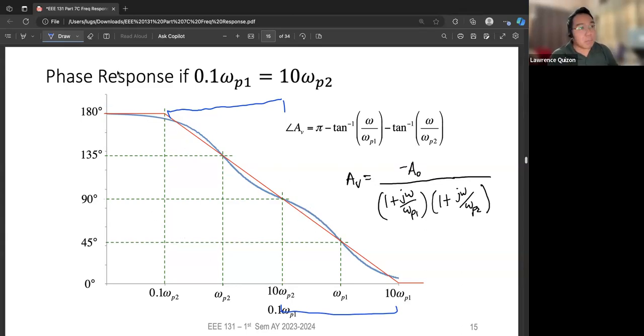Then your Bode plot of the phase response is going to be a flat 90 down here. Then it should strain out, right? But because of the influence of ωP1, you go down by another 90 degrees, for a total of minus 180 down here. Remember, our original gain was negative, so we had 180 minus 180. This turns out to be 0, no?